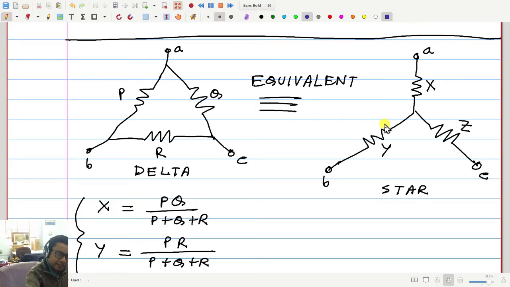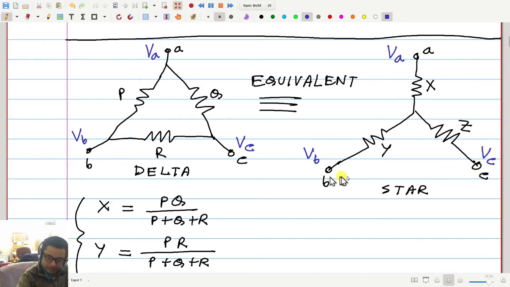Another way of saying that is like this. Suppose we apply three potentials, VA, VB, and VC, in these three nodes, and we apply the same three potentials, VA, VB, and VC, in these three nodes.